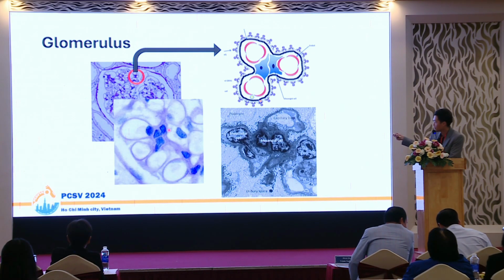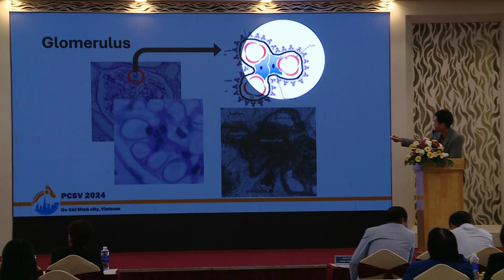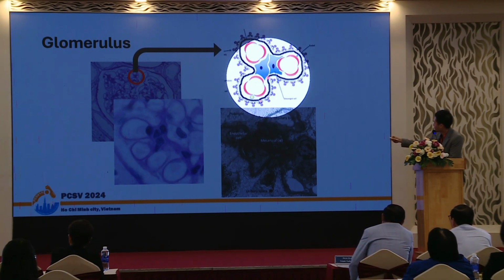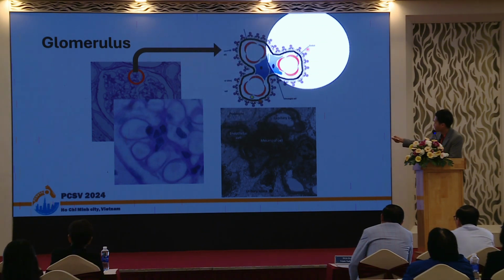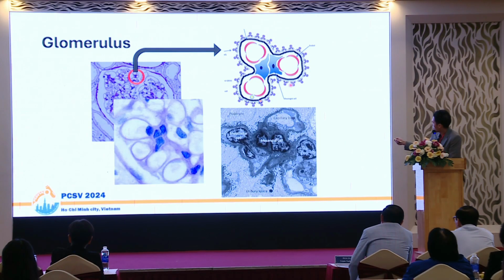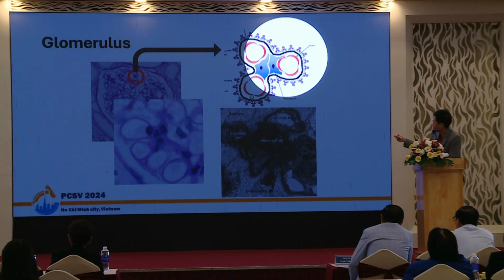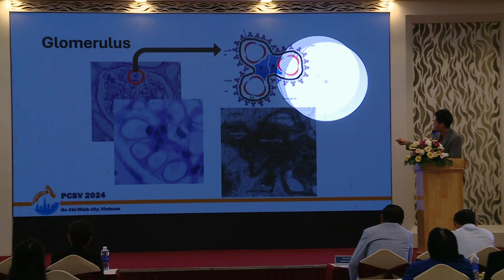If you look closely into these structures, there are mesangial cells and endothelial cells, and there is also a black membrane which is called the basement membrane. The podocytes, which look like an octopus, override the basement membrane.